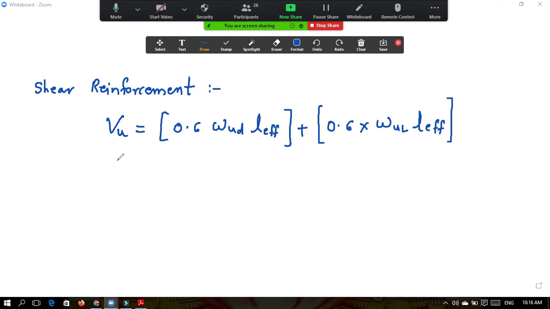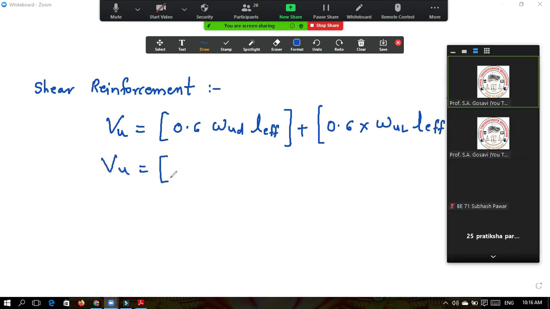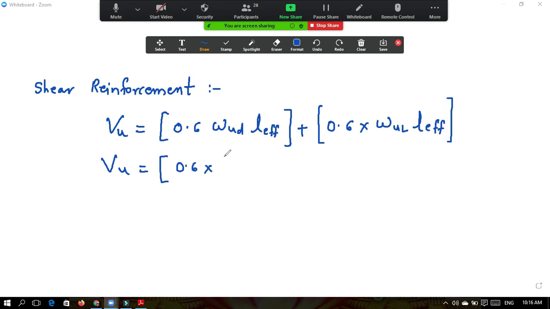Now if you solve this, you will get the value of Vu. So Vu is equal to 0.6 into, what was the value of dead load? What we have calculated? What was our value of dead load?